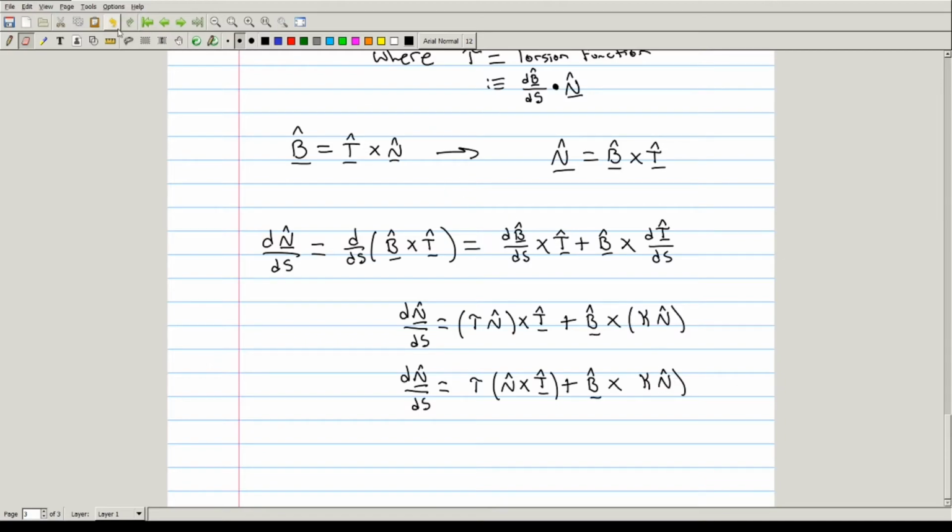And then it will be kappa, the curvature, times b hat cross n hat.